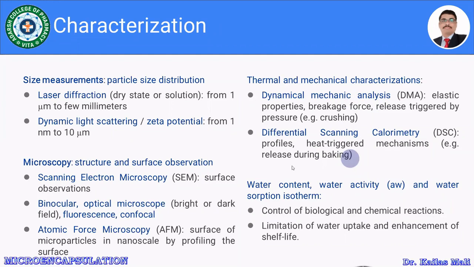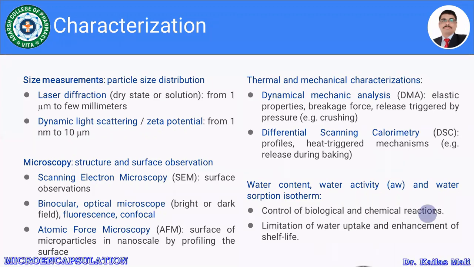The next parameter is the water content, water activity and water sorption isotherm. As you know, the presence of water is going to promote the degradation of the product. So there is a need to measure the water content in the formulation. It is going to control the biological and chemical reactions, isn't it?